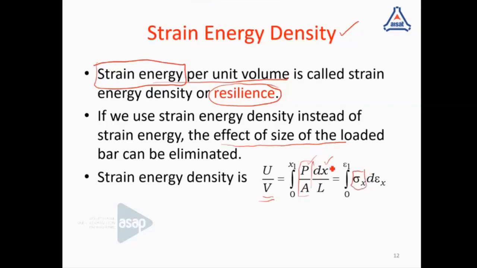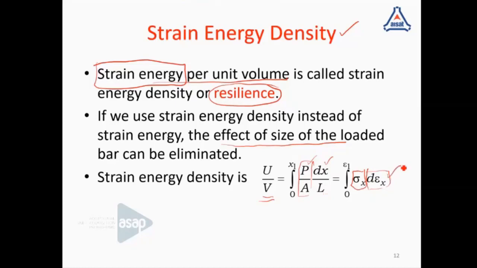And what is dx by L? It is the elemental strain, the increase in length by the original length.